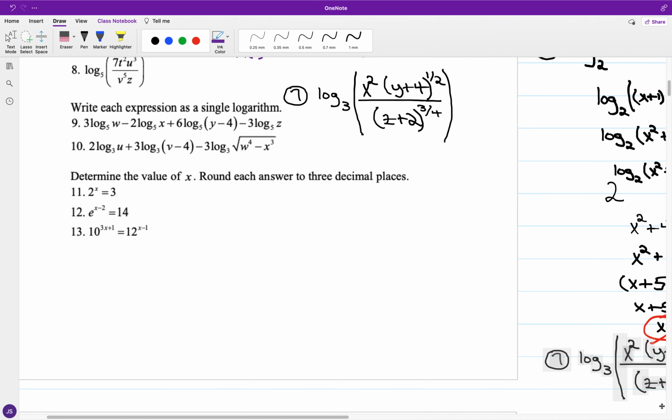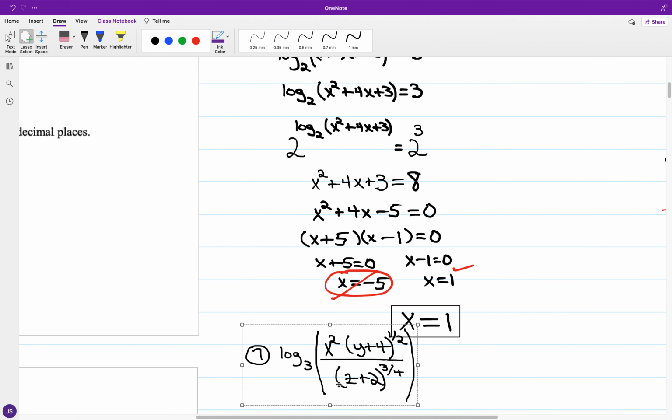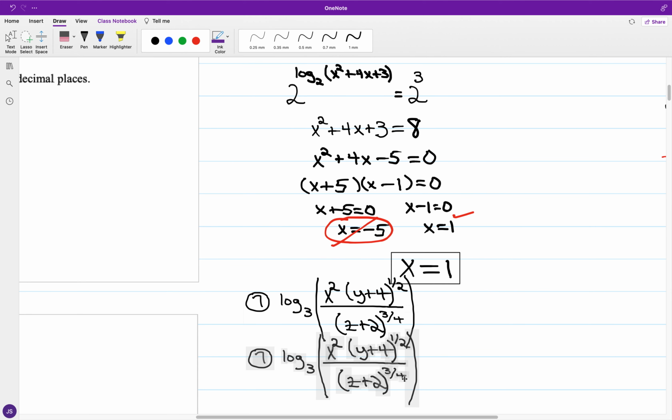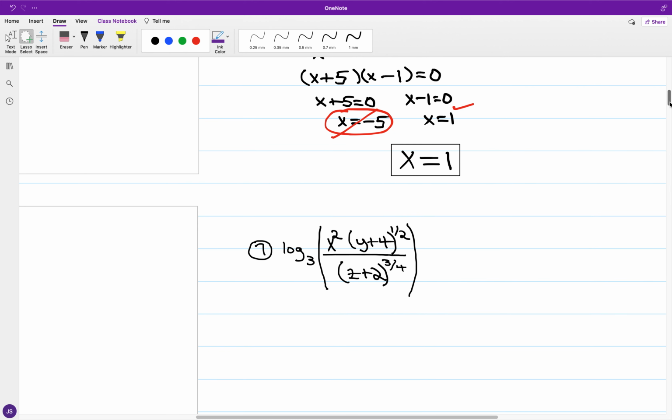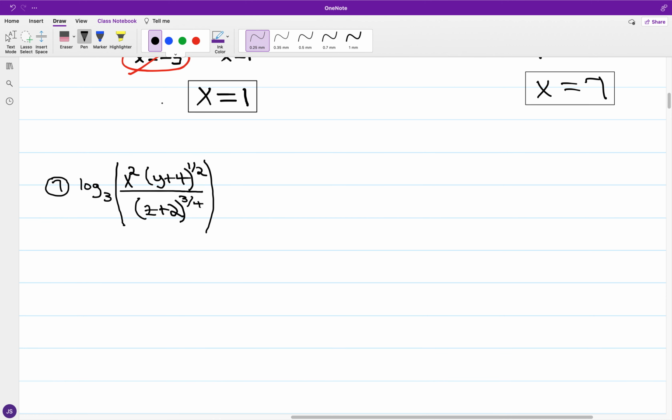Okay, so for what I have in the case of number 7, now looking at expanding, I have 2 factors in the numerator, 1 in the denominator, and separating, anything that is at the top becomes its own positive logarithmic entity. Anything in the denominator translates to a negative term in the logarithmic base 3.